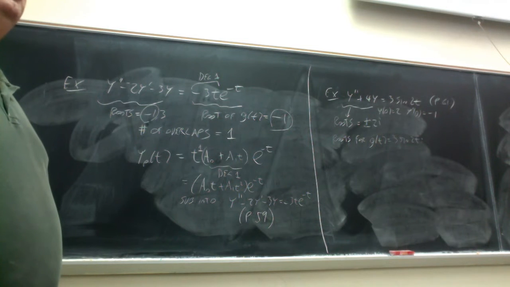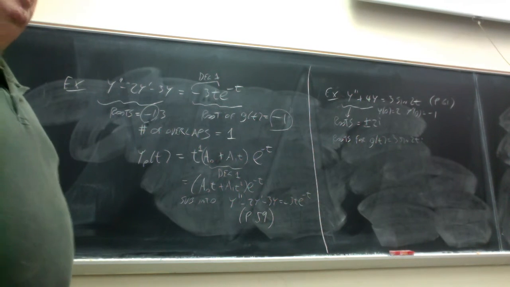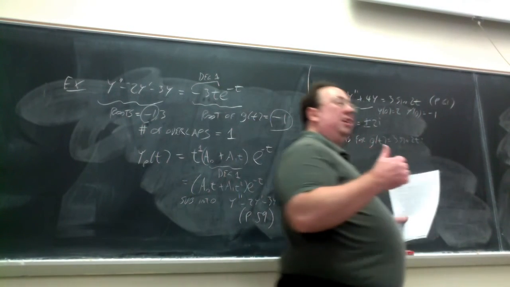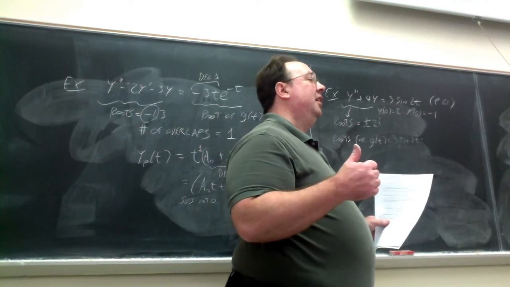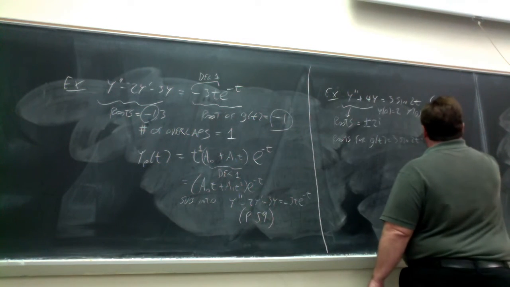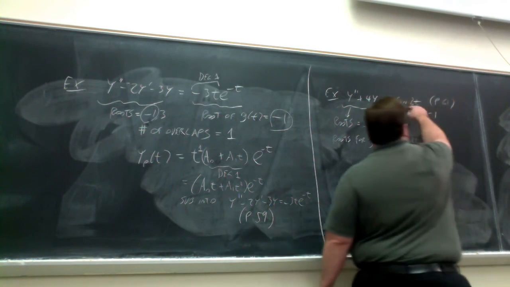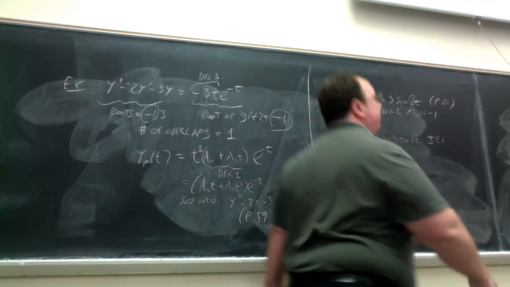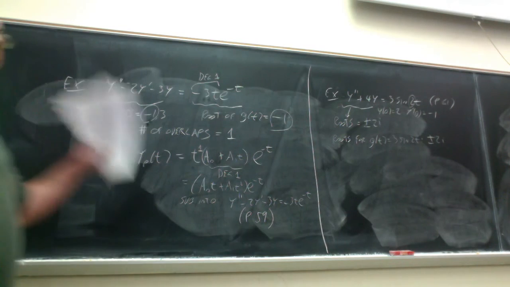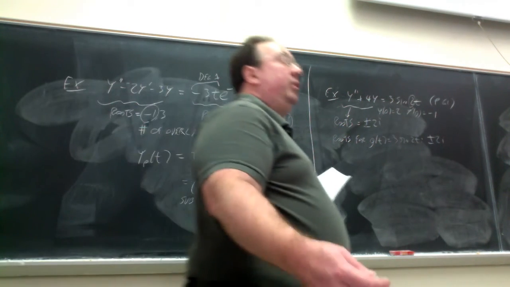Yes, but which complex root specifically? Yeah, plus or minus 2i, because of the 2. So the coefficient of t in your sine or cosine gives you the imaginary part of the root, just as the coefficient of t in the exponential gives you the real part.